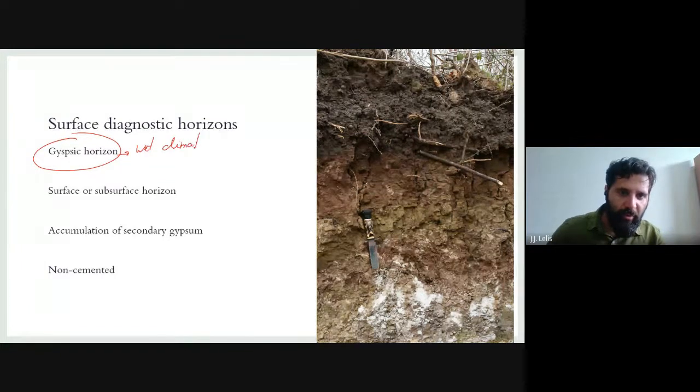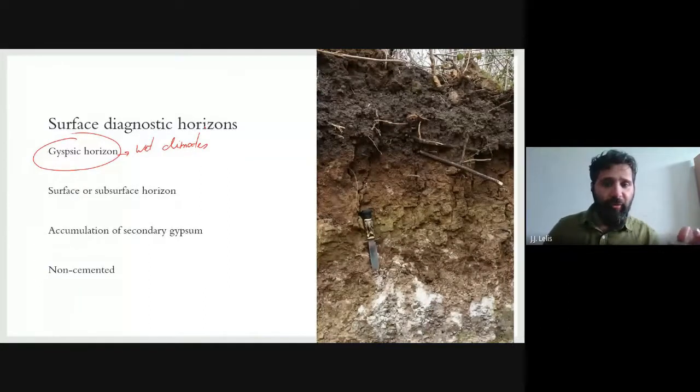Okay, we can't see this kind of horizon in wet climates. So if you're looking at soil in a rainforest, we can't find this kind of horizon because the weather is too wet. We have a lot of rain, and we can also have higher temperatures, but we have a lot of rain.